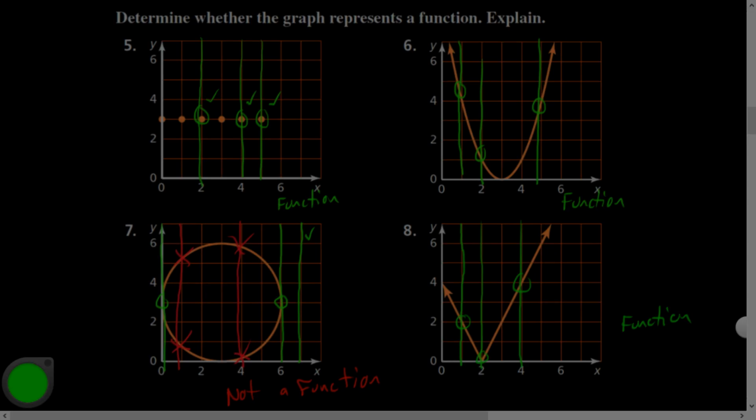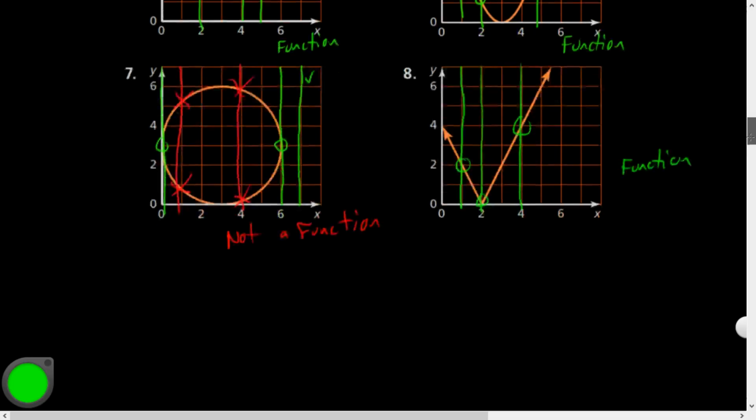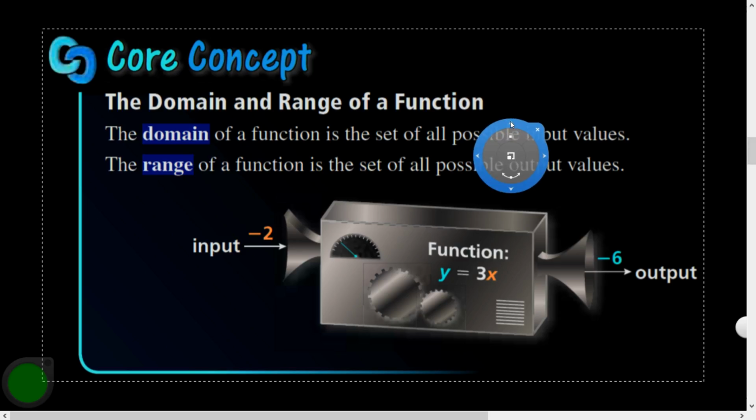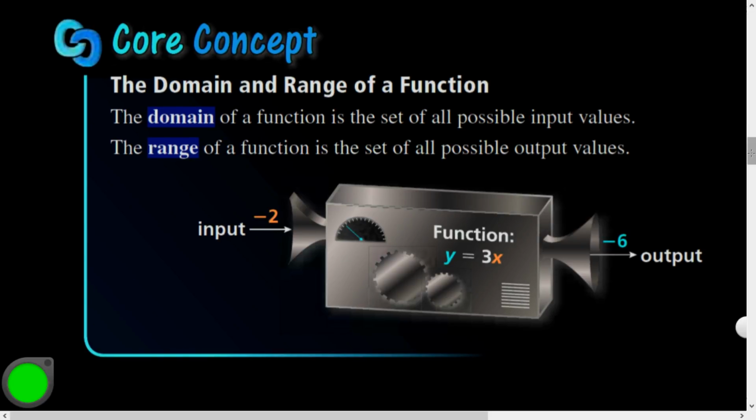All right, here's another way to think about functions. Functions are like a machine where you input one thing and output another. All right, like a toaster. You put bread in it and out pops toast. You put a bagel in it and out pops a cooked bagel.